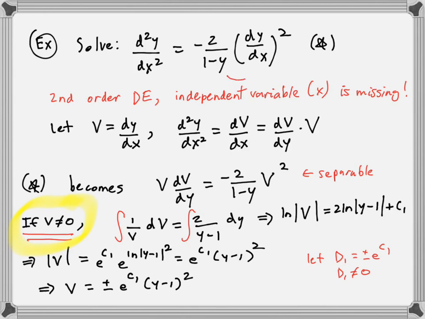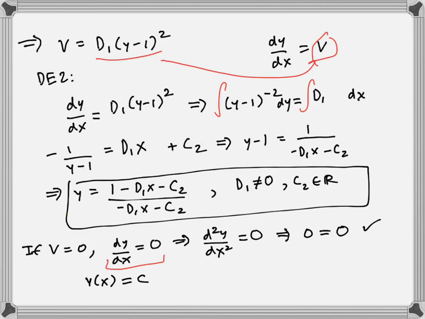This condition here means that y of x can't be 1. That's just not possible, right? That would not give us a solution to this differential equation. And so we end up with a whole other solution here, which is y of x is equal to c, where c is not 1.